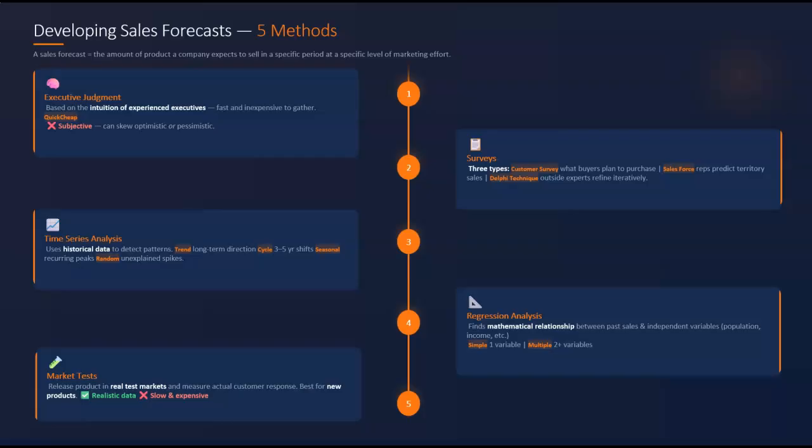Market tests, which are a little expensive and also slow, but they're usually used on newly released products, let's say dietary medication or drinks for hydration, such as Gatorade.